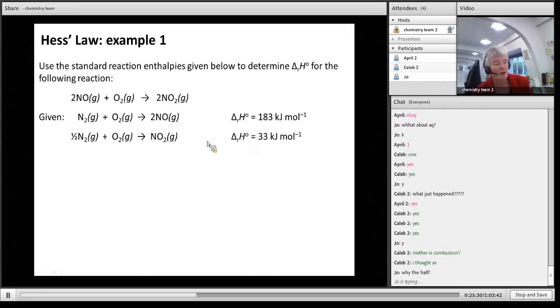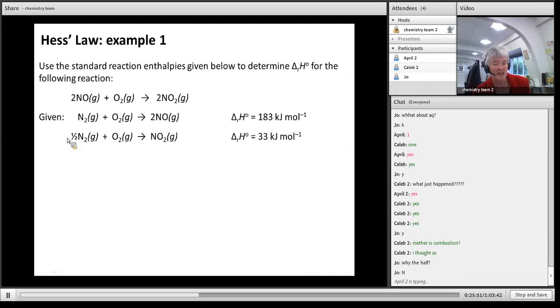So why the half, Joe? The half is to balance the reaction. If this was the heat of formation of NO2, I have to have a 1 in front of the NO2. I can't make it a 2 or anything like that. So if there has to be a 1 here, I can only have 1 N on the left-hand side.